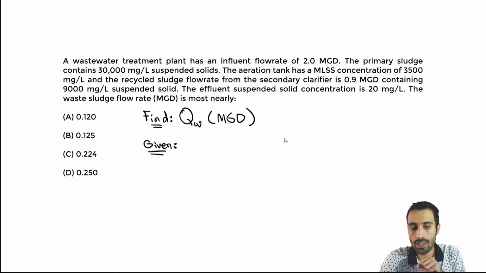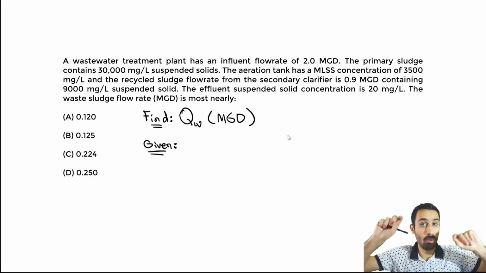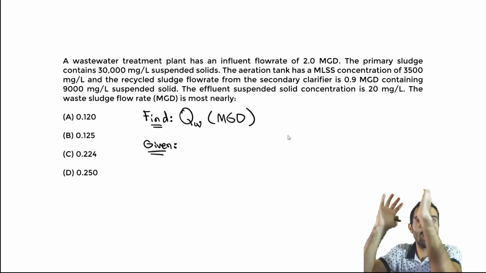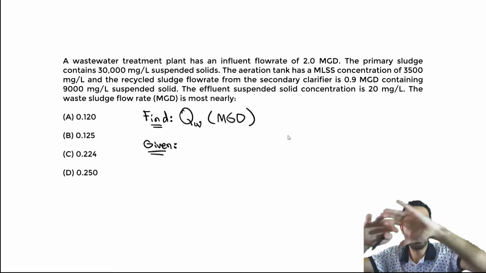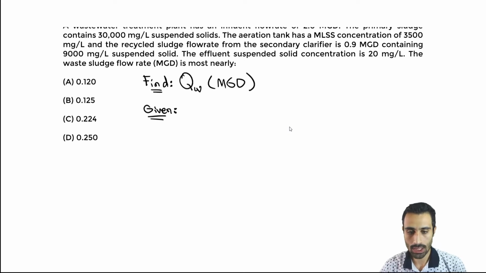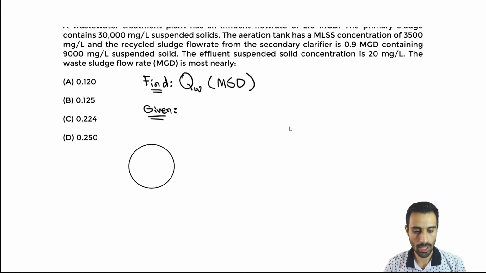That's what we're going to focus on in this one, especially because they ask us to find QW. We know QW occurs in secondary treatment where we have the aeration tank and the secondary clarifier. Secondary treatment is that system. So what I can do first is denote my primary clarifier. In this case, I'll just use a circle and call it the primary.